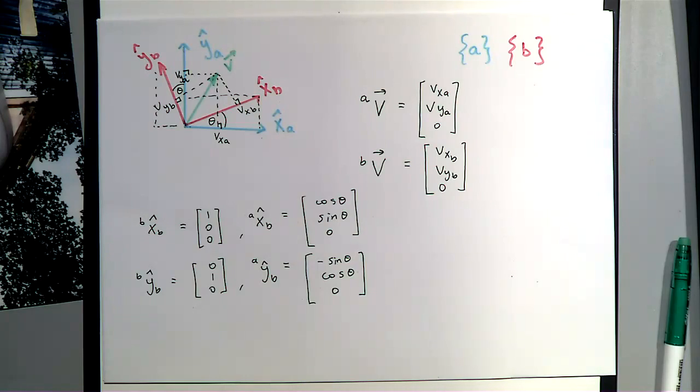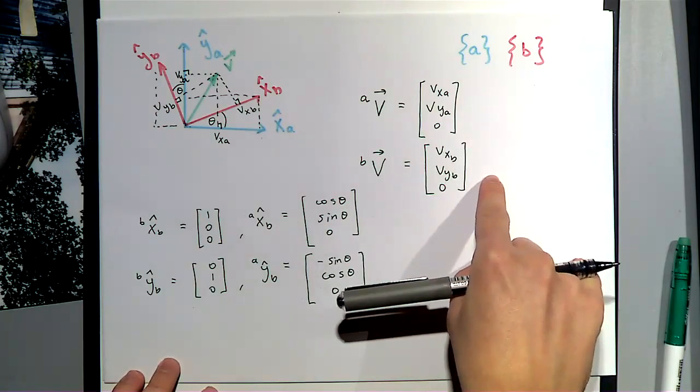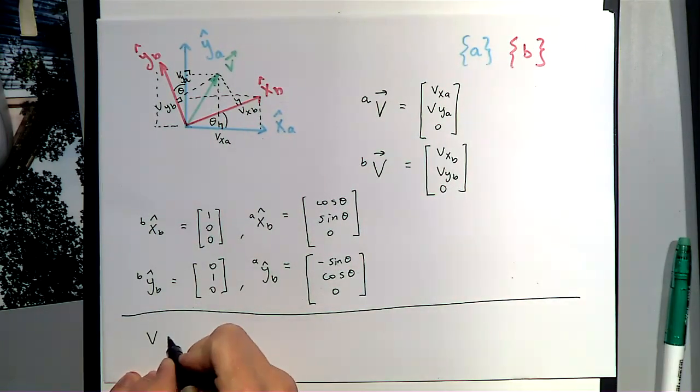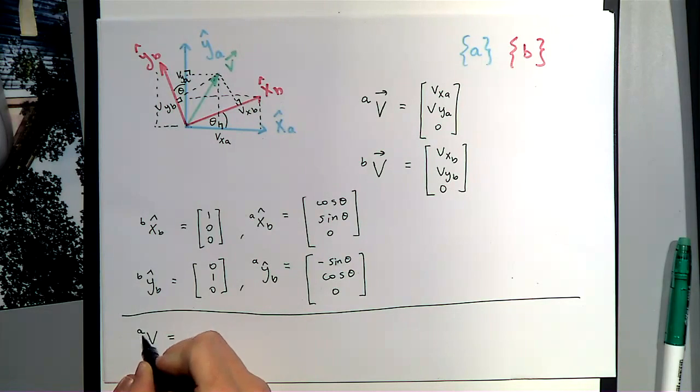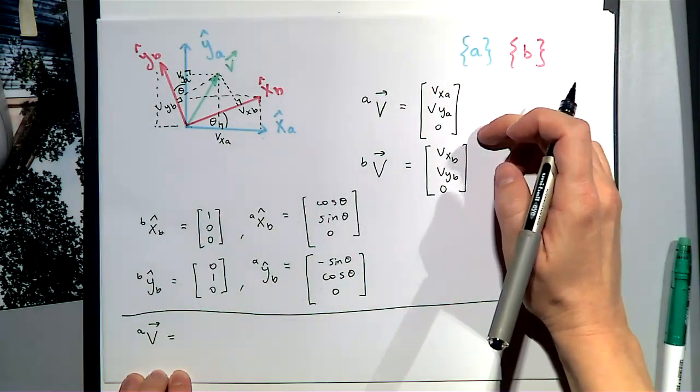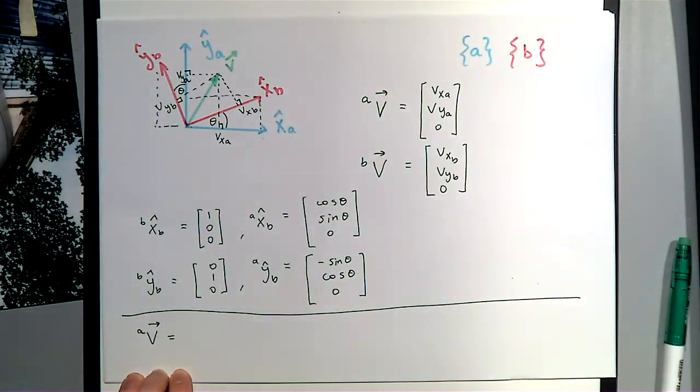Right? And now, what is it good for? What I can do, if I want to write a vector V, let's say if I write vector V in frame A, I can have a superposition of the components times the unit vectors.